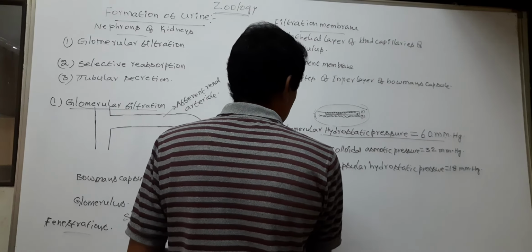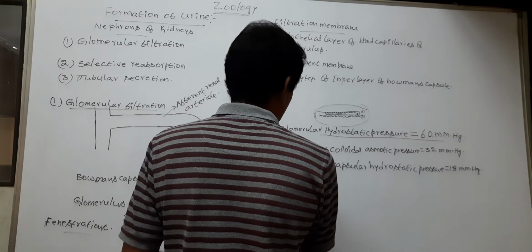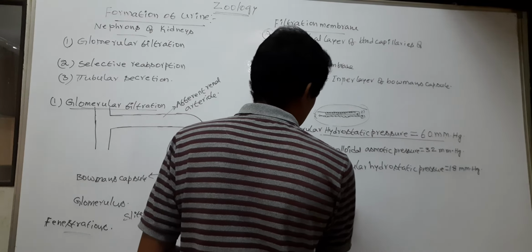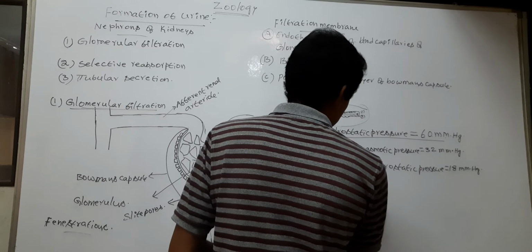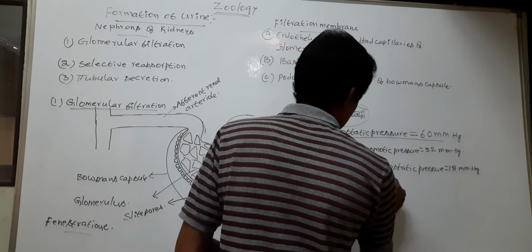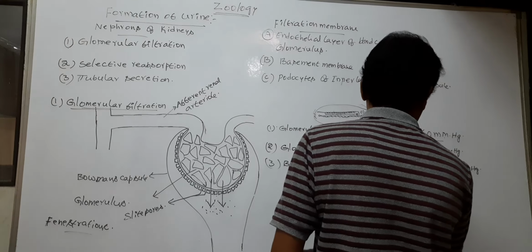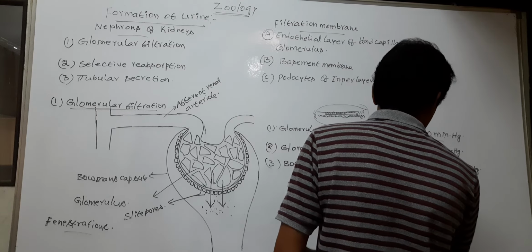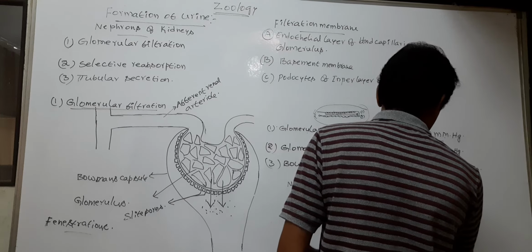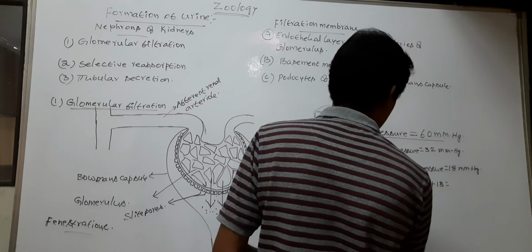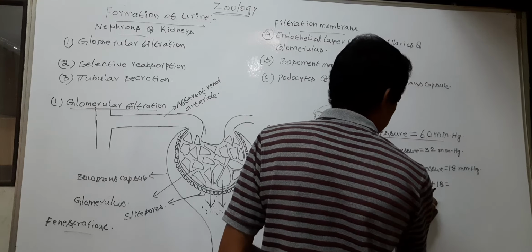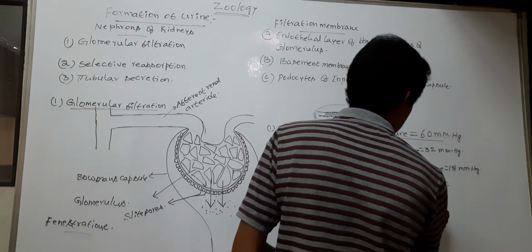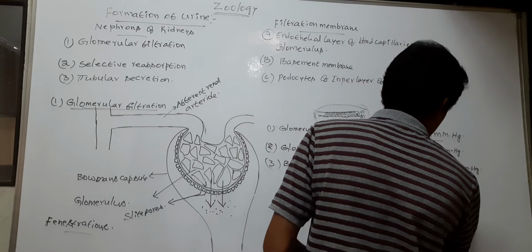Here, net filtration pressure is 60 minus 32 plus 18. 32 plus 18 is 50. 60 minus 50 is equal to 10 mmHg.